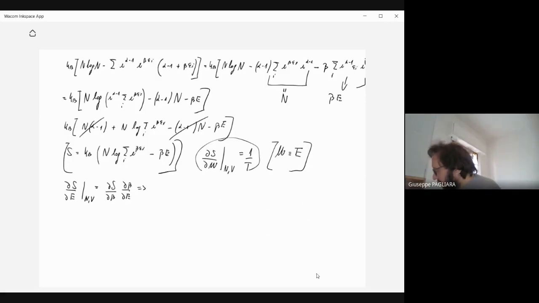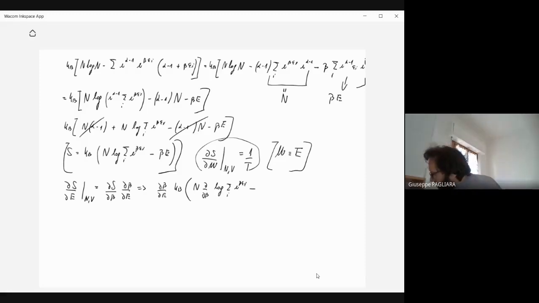That means that I have Kb, which is outside, the derivative of beta with respect to E times Kb. And then I have to do the derivative with respect to beta of the expression that I have there, which is n times the derivative with respect to beta of the log of the sum over I of e to the beta epsilon I.